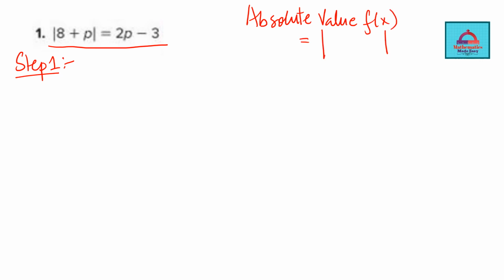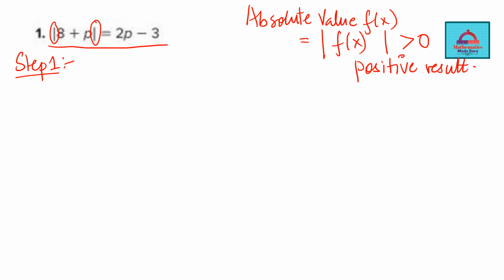So if you see these brackets here, it means that this is an absolute value equation having an absolute value function. Also, I want to remind you that an absolute value function always gives you a positive result. It can never be negative. Just remember these few points, and now we are ready to solve the question.